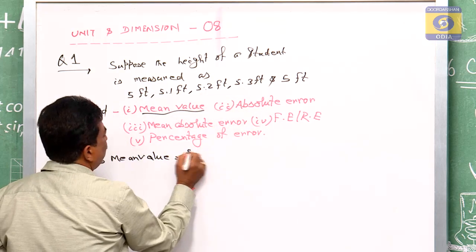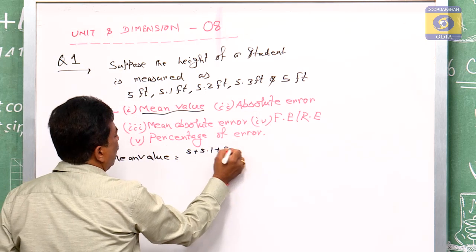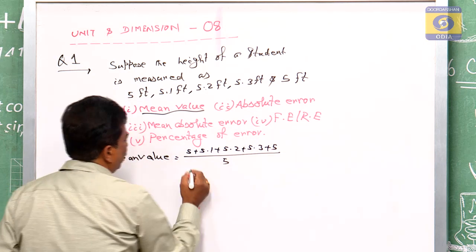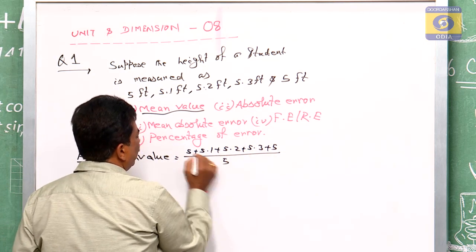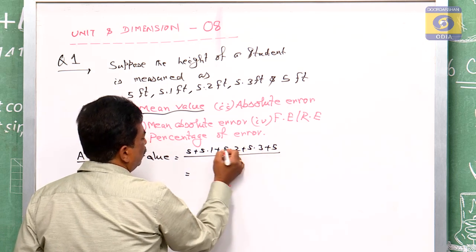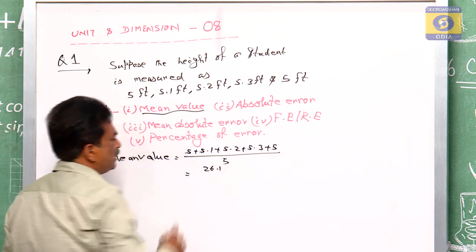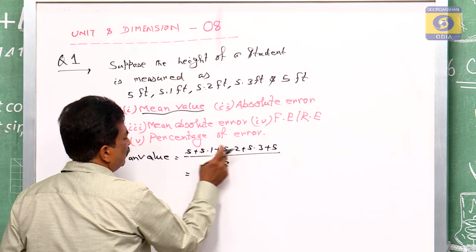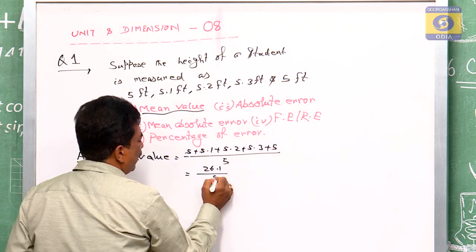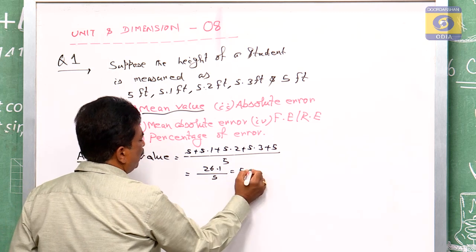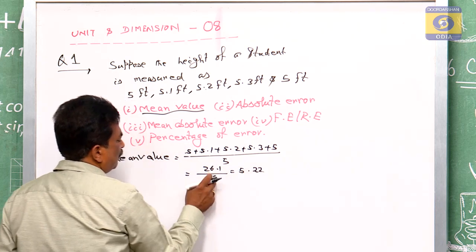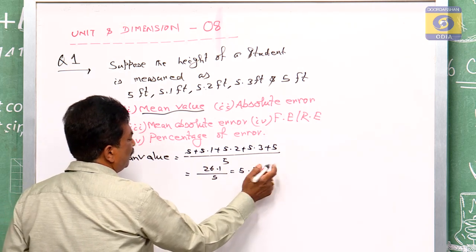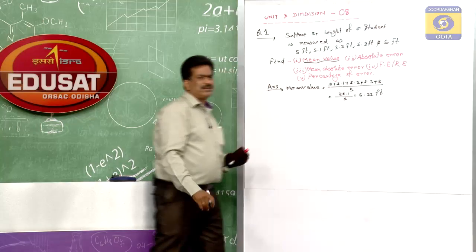So add these five observations, 5 plus 5.1 plus 5.2 plus 5.3 plus 5, and divide by 5. The sum is 26.1, and 26.1 divided by 5 gives 5.22 feet. So this is the mean value.